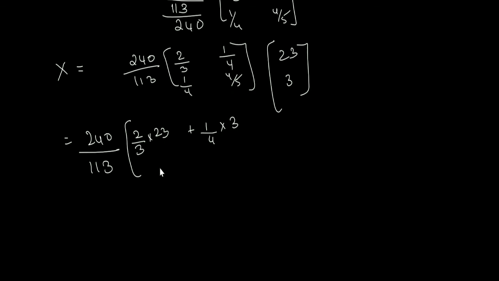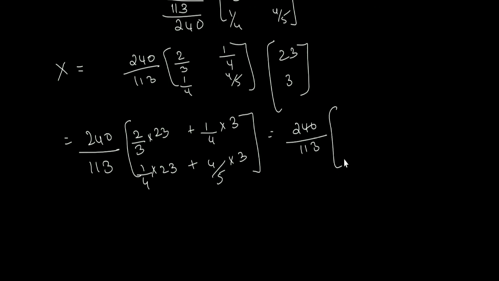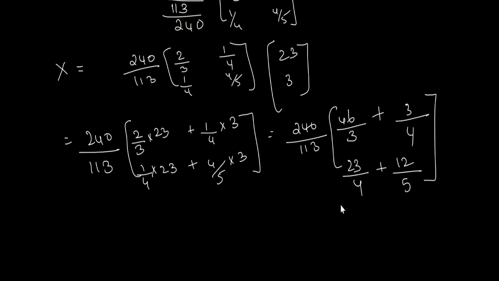This is 1 by 4 into 23 plus 4 by 5 into 3. That is equal to 240 by 113 times 46 by 3 plus 3 by 4, and this is 23 by 4 plus 12 by 5.